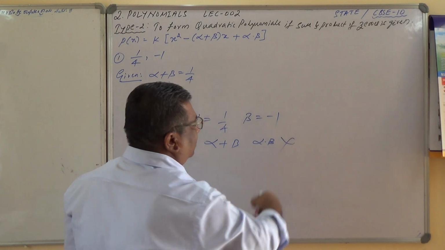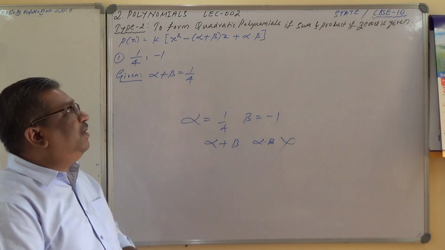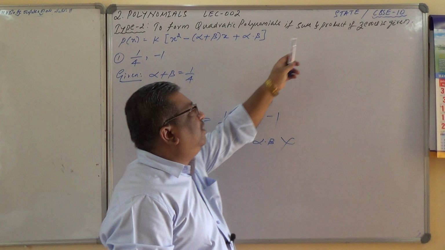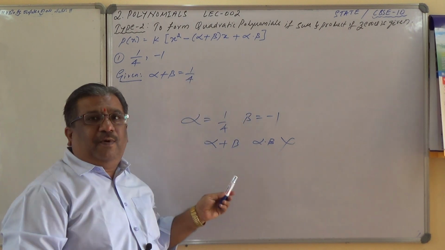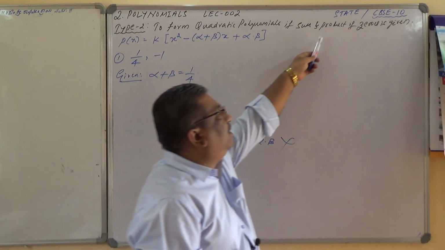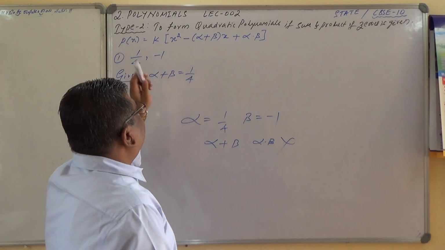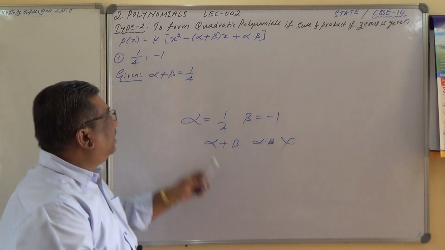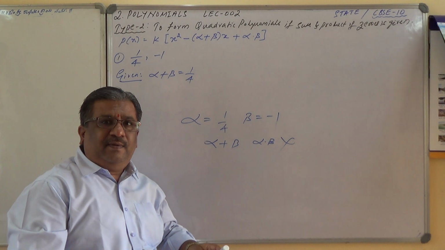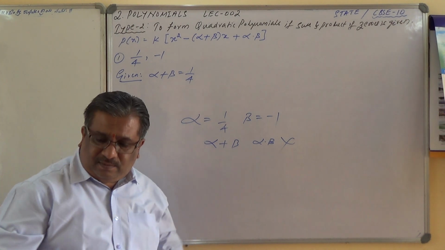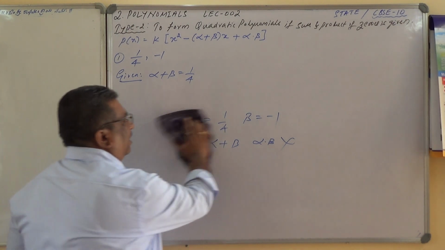No, this is wrong here. What is given to you? Already the sum is given to you. Alpha plus beta is 1 by 4 and the product alpha into beta is given to you as minus 1. If you take these two as alpha and beta, it is wrong.